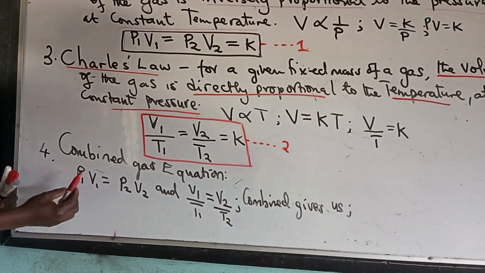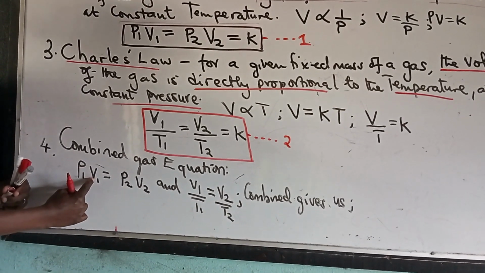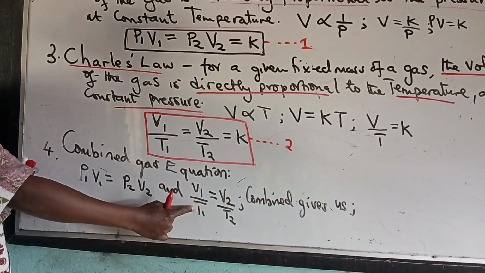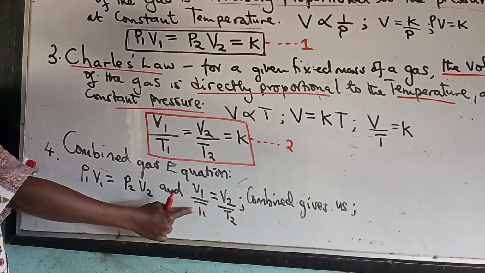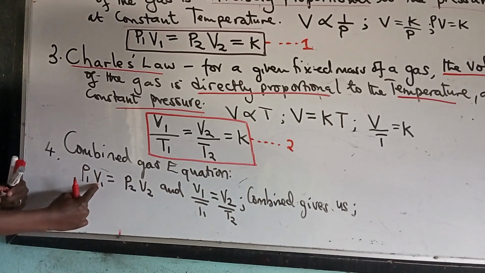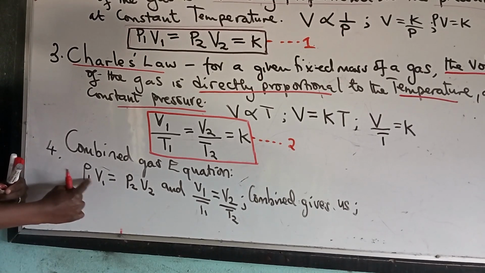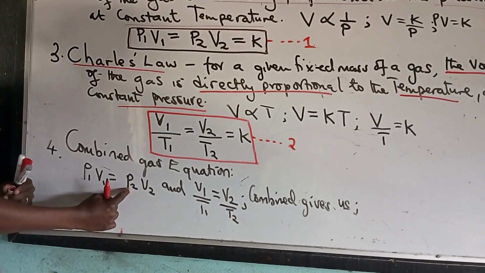We are able to see V1 relating to T1 in an inverse relationship here. V1 relates directly to P1 and V2 relates directly to P2.